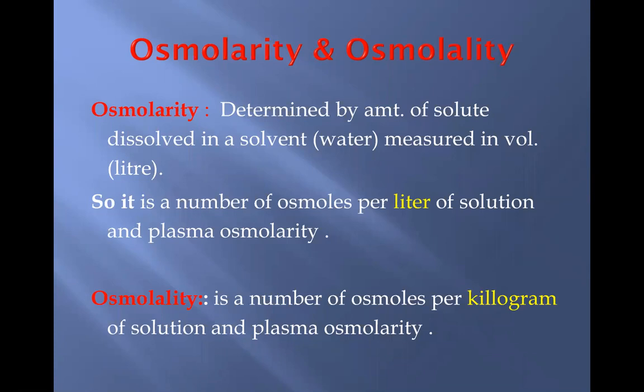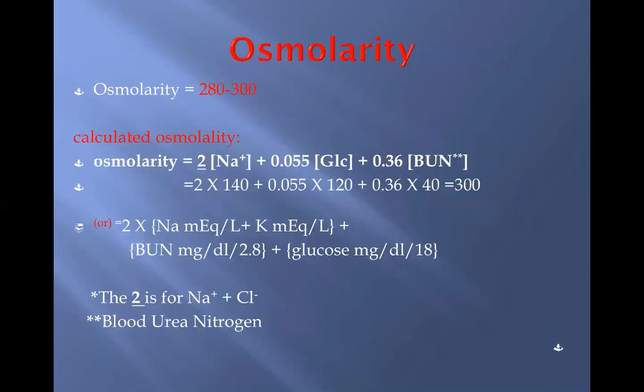So when we are talking about osmolality, we are reflecting that per unit of mass. Osmolarity reflects that per unit of volume. It is equal to about 280 to 300, and calculated osmolarity can be obtained through this equation.